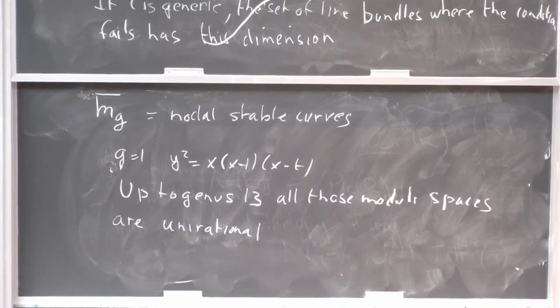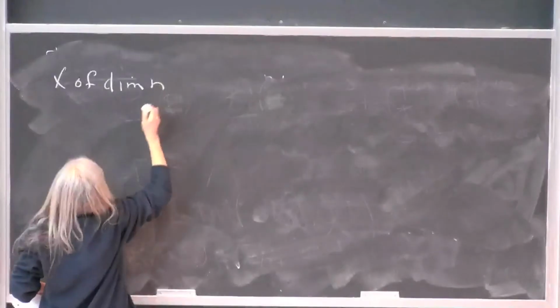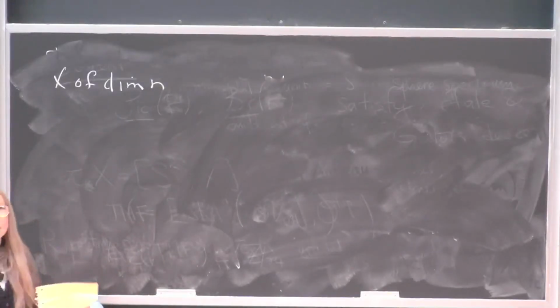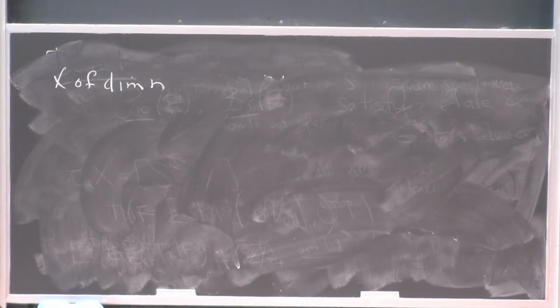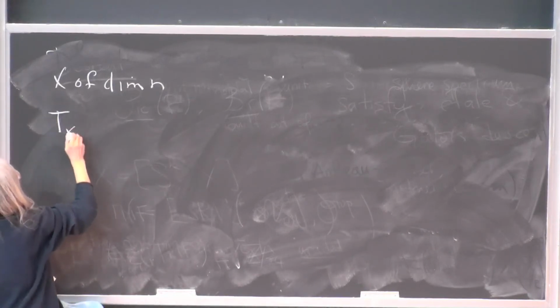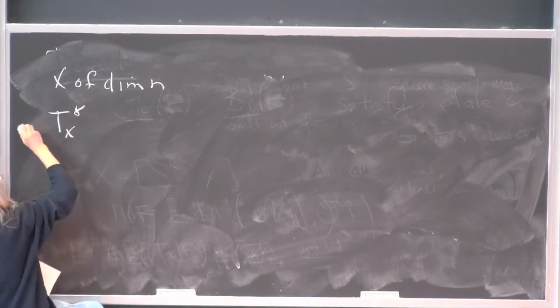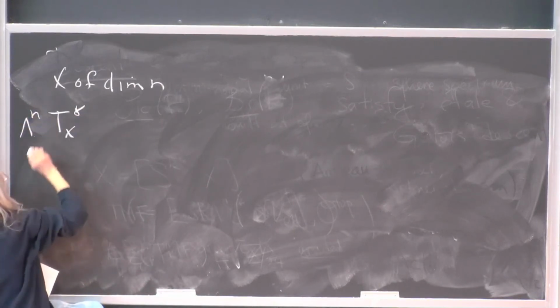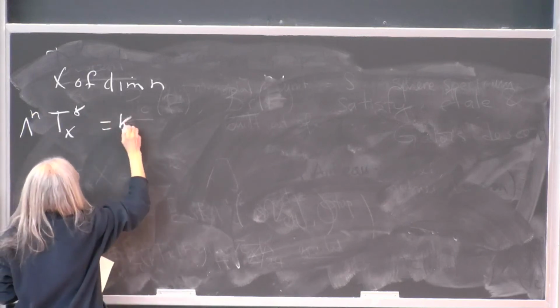So what you can do when you have X of dimension n, which is either non-singular or with mild singularities so that everything can be defined nicely. You take the tangent space, you take its dual, and you take the highest power of its dual, and that's the canonical bundle.